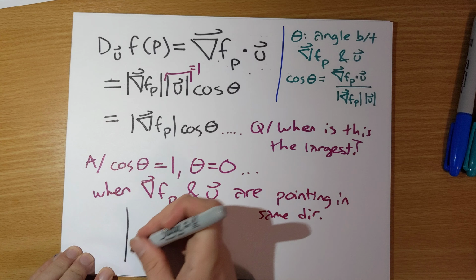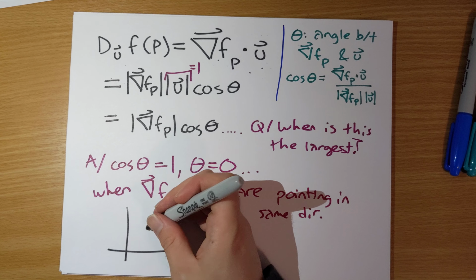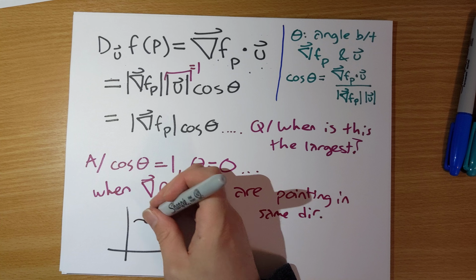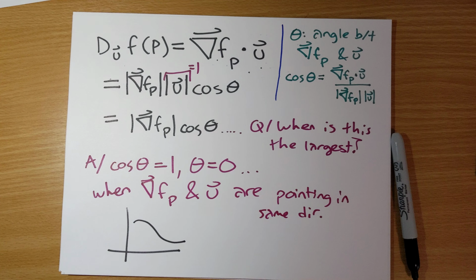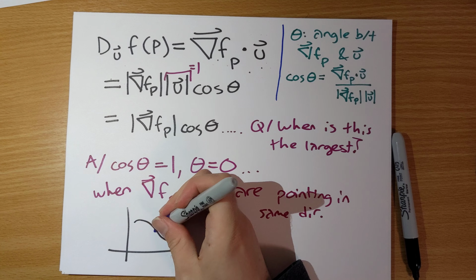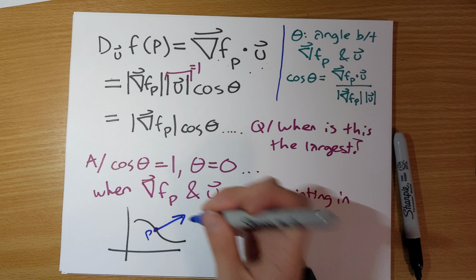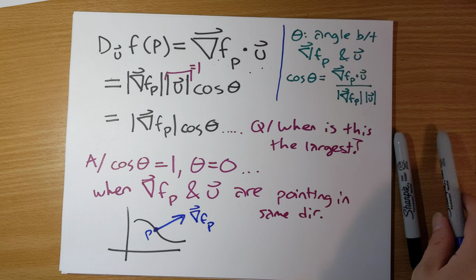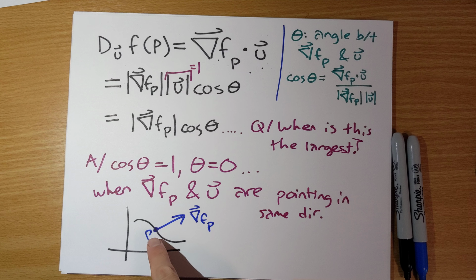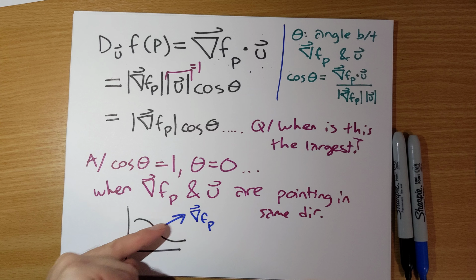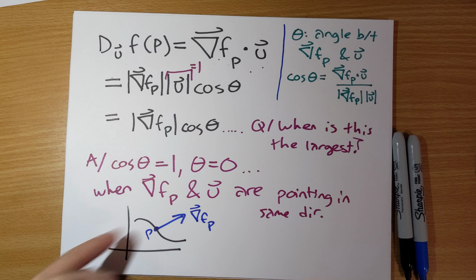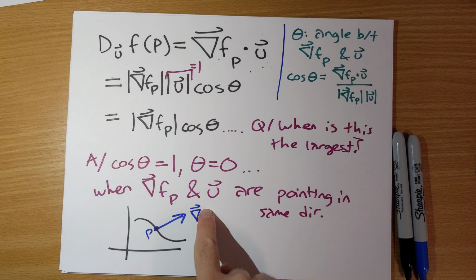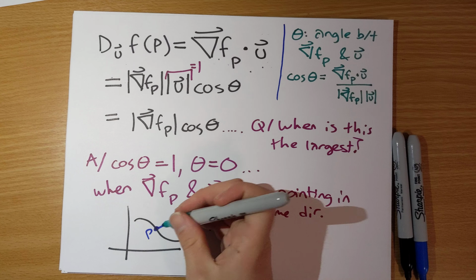So just to draw a little picture here. Suppose that at this point P here, this is the gradient of f evaluated at P. When do we get the biggest directional derivative? When we're going exactly in the same direction here.